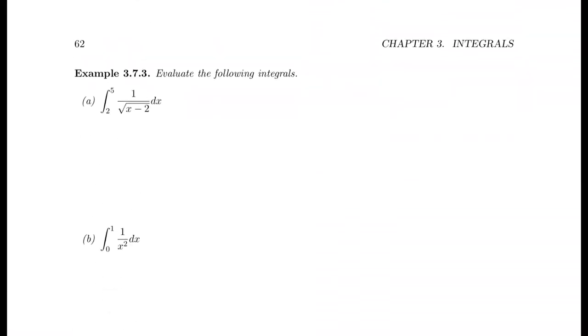So we want to evaluate the following integrals. Okay, so we see that the integral here is discontinuous at 2. But what happens to the right of 2? So what we actually want is from 2 from the right. So we say the limit as t approaches 2 from the right of the integral from t to 5 of 1 divided by the square root of x minus 2.